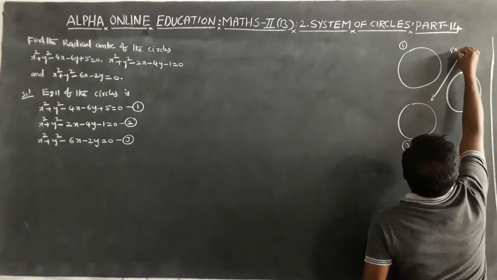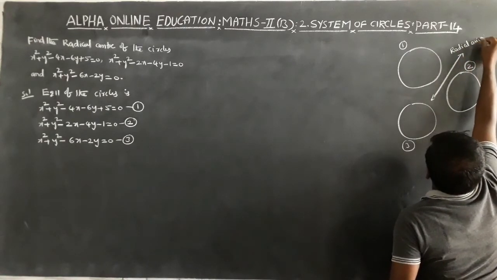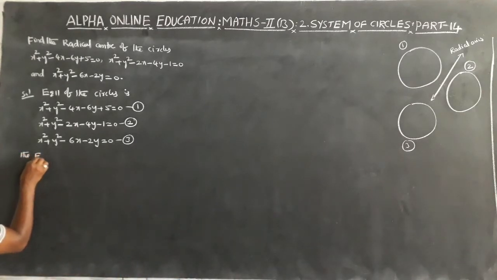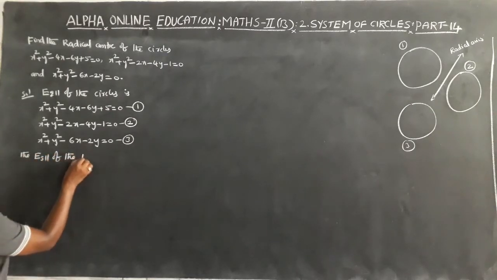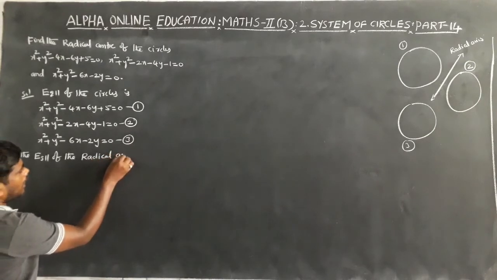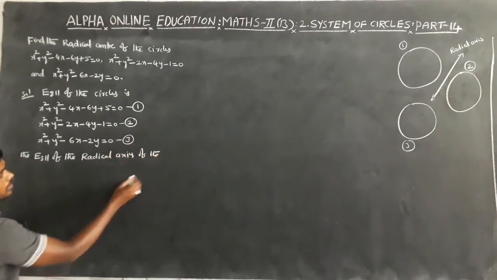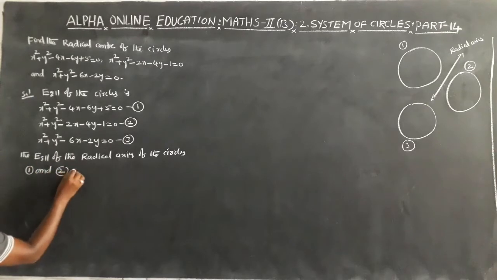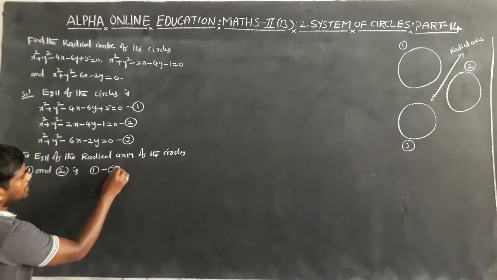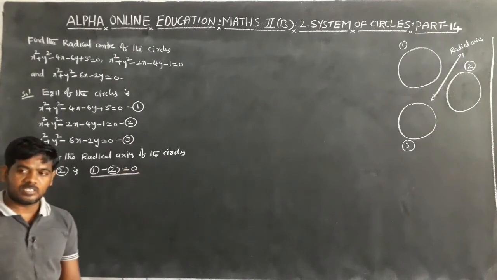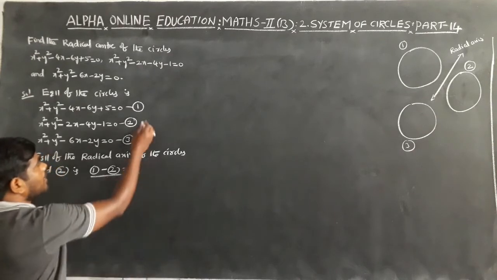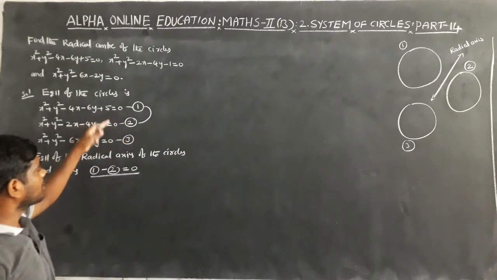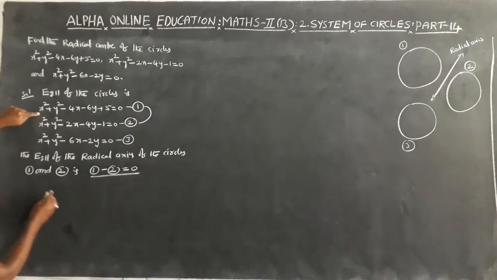The equation of the radical axis of the circles 1 and 2 is first circle minus second circle is equal to 0.